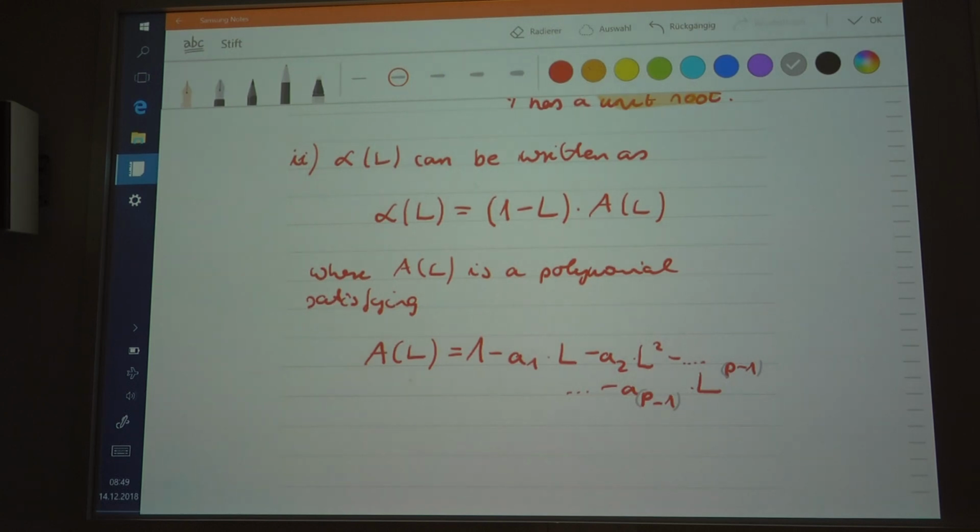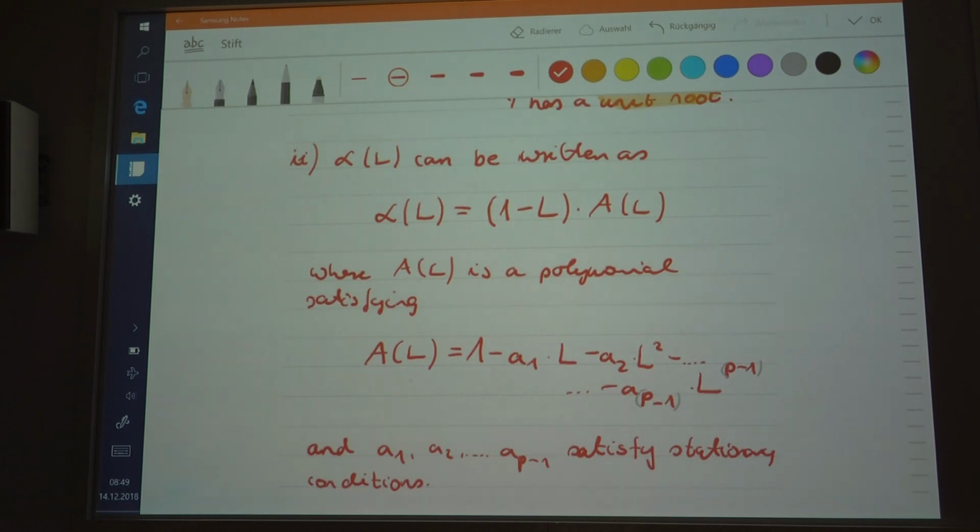And of course, what we have is that these coefficients, a1, a2, and so forth, up to a_{p-1}, satisfy stationarity conditions.